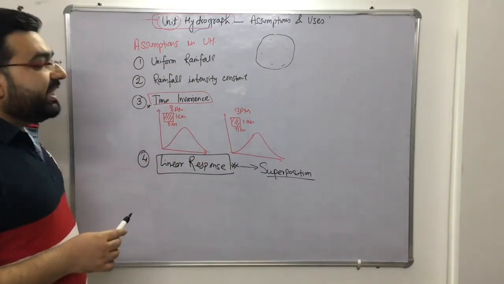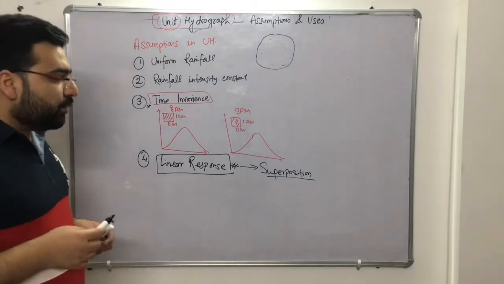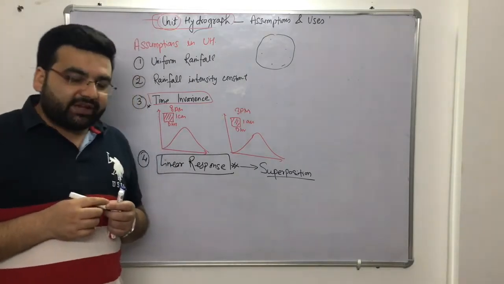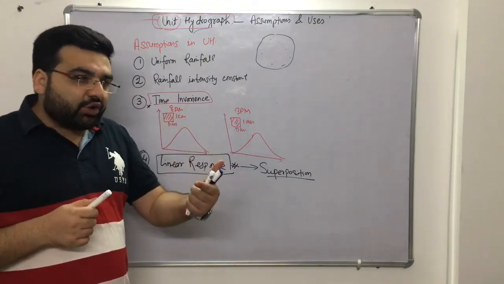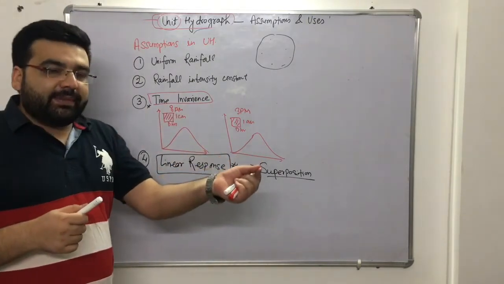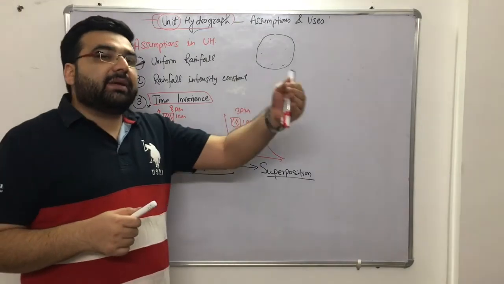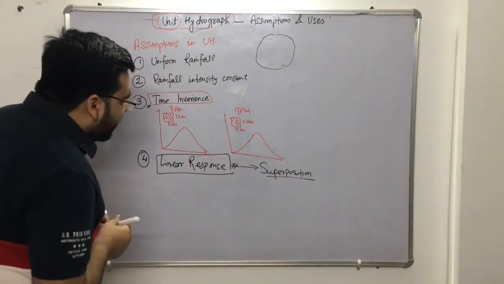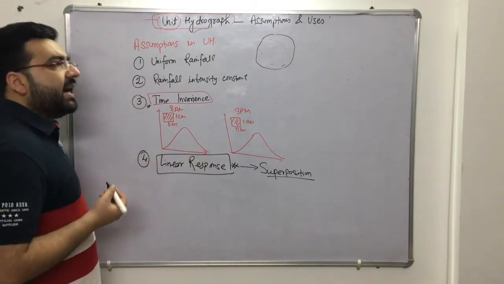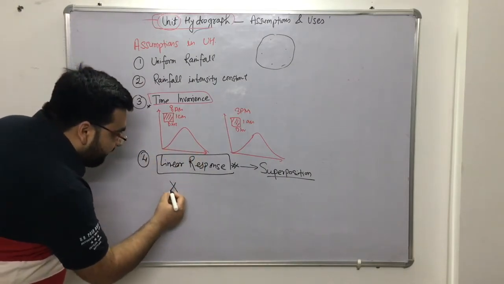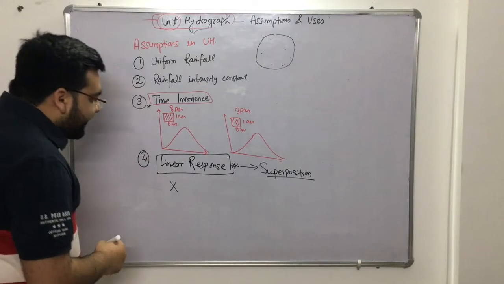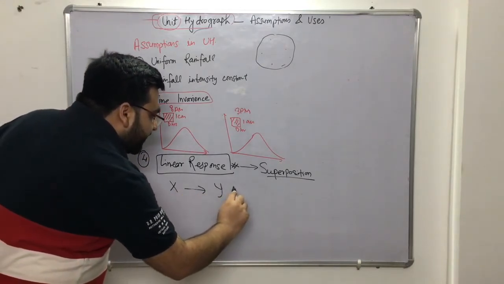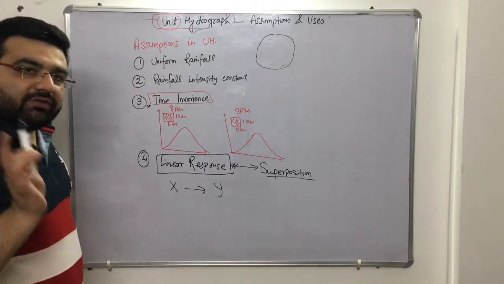Now what about the linear response? Linear response says that if in a direct runoff hydrograph you do any amendment, then the equal amendment will be there in the successive hydrographs. Let me give you an example, don't get confused. Let us say that X amount of rainfall gives you Y amount of direct runoff hydrograph.